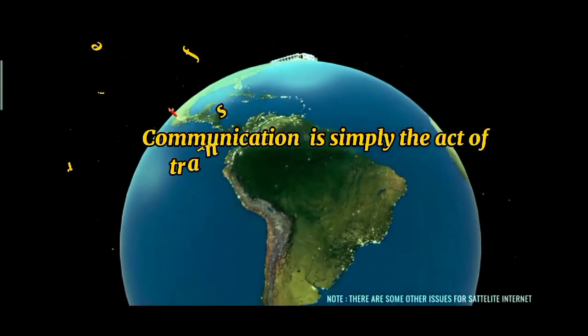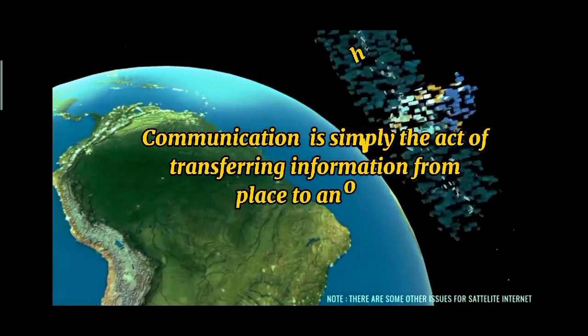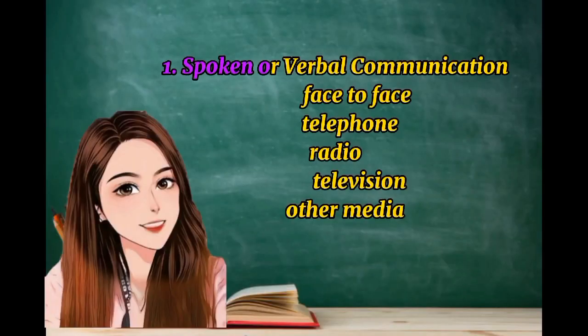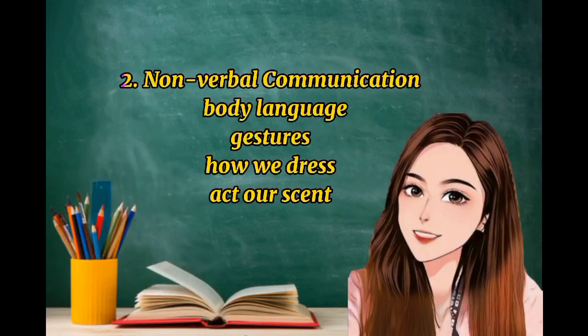Communication is simply the act of transferring information from one place to another. It can be spoken or verbal communication, for example, face-to-face, telephone, radio, television, and other media. Or it can be non-verbal communication, for example, body language, gestures, how we dress or act.